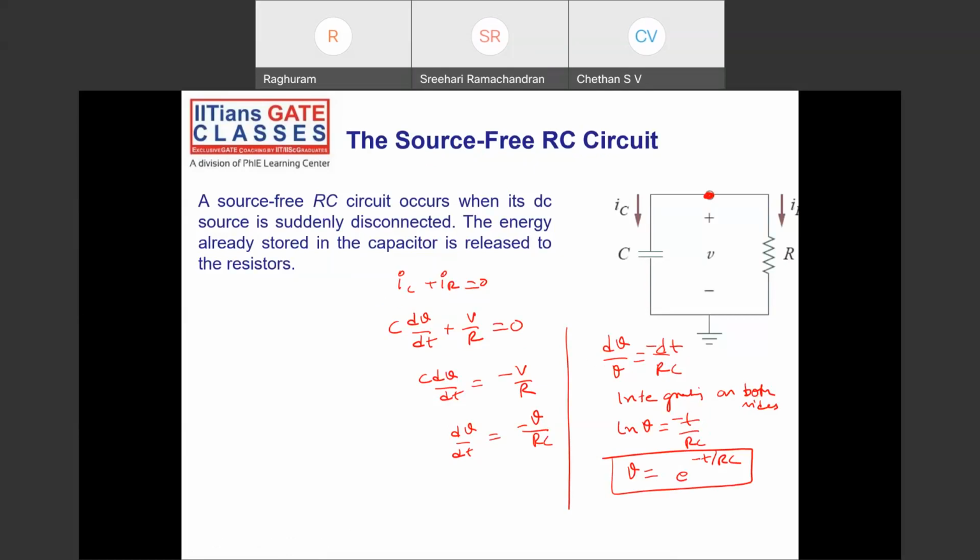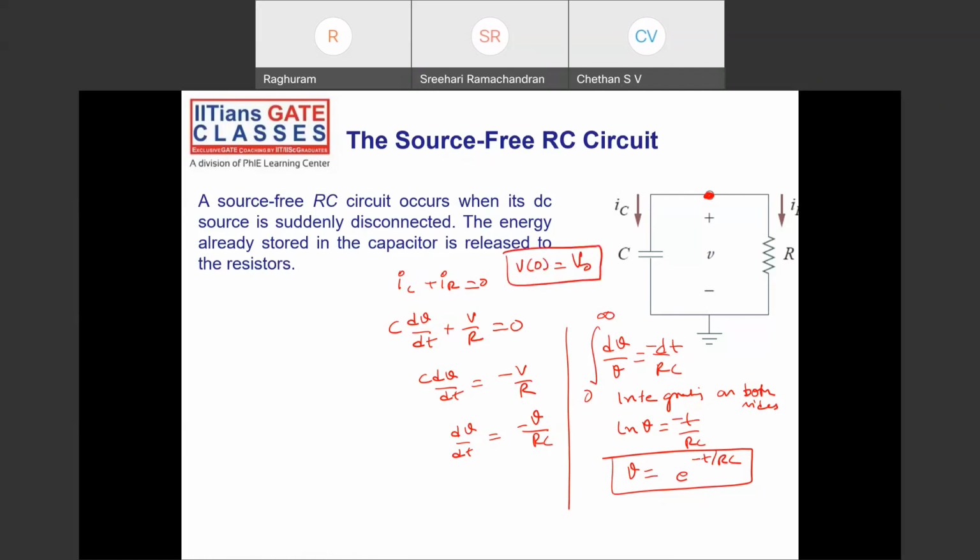Sorry, there is something I missed: the integration constant. The limits are from 0 plus to infinity, and V of 0 is nothing but V naught.